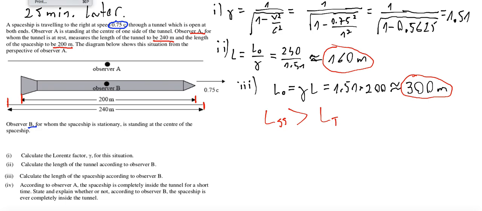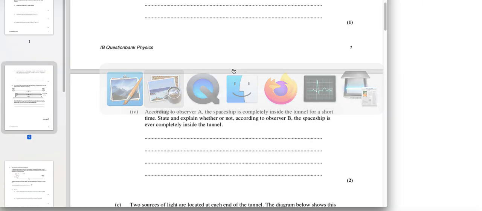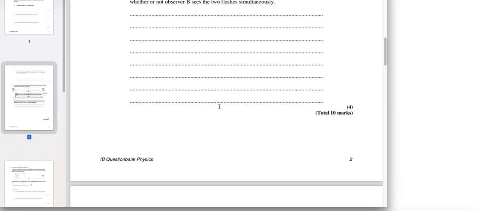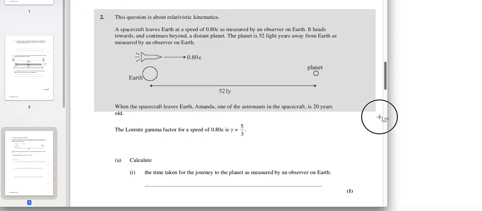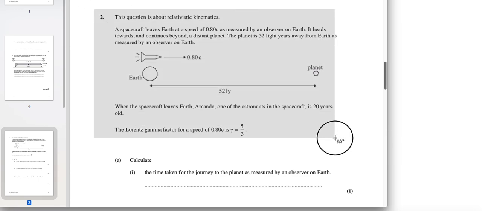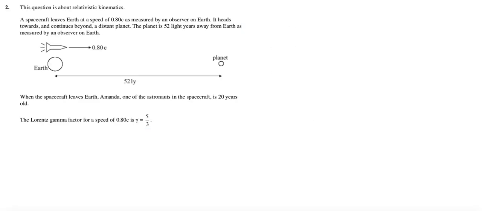Okay, let me change slide and let's solve exercise number 2. We have to omit C in exercise number 2. Okay, let me take this to a new slide and let's do this. This question is about relativistic kinematics. A spaceship leaves Earth at a speed of 0.8 c, as measured by an observer on Earth.